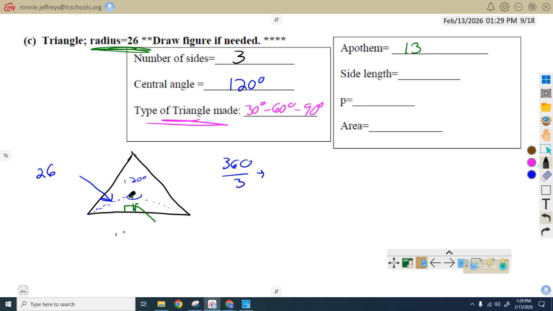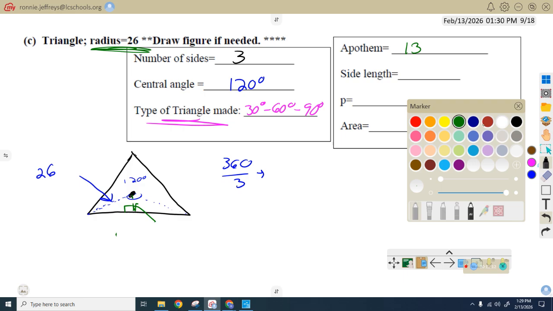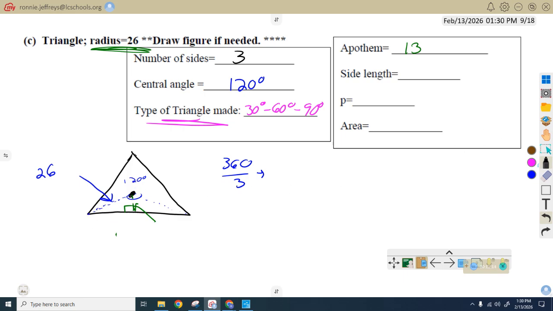Now, this, our side length, see, this has got a lot going on. You have to do it one piece at a time. Well, this is this times root 3. So if that's this segment, our side length, which is both of those, would be, well, what's 13 plus 13? 26 root 3.